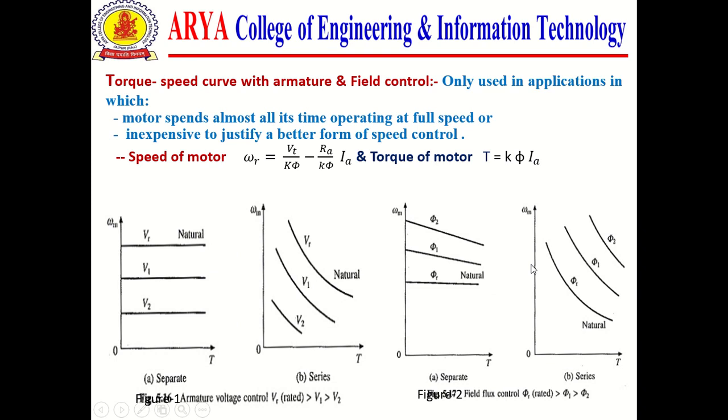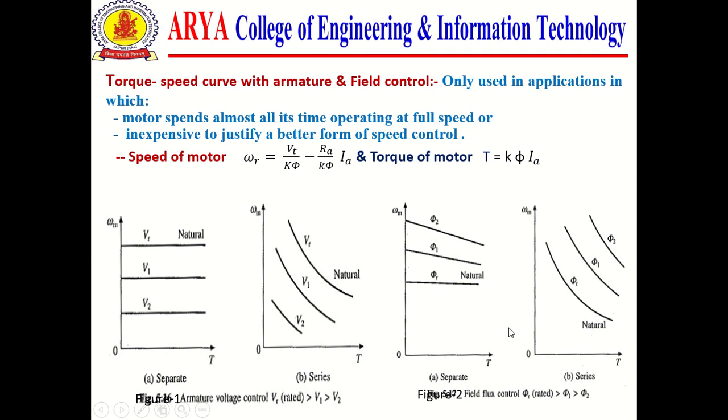But in the case of field flux, this is the rated flux, phi r. If flux value decreases, then speed will increase. So this figure is for the separately excited motor, but in the case of series, this is exponential.